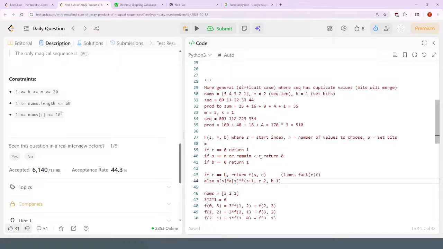It's not quite like that. Oh my god, it's not quite like that. I almost want to say this should be s plus 2.